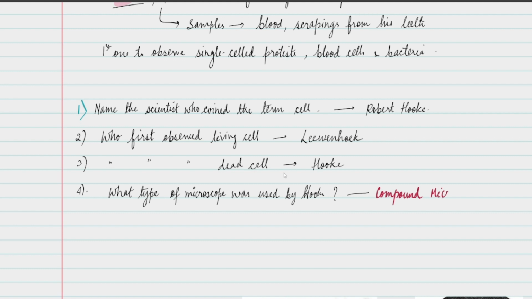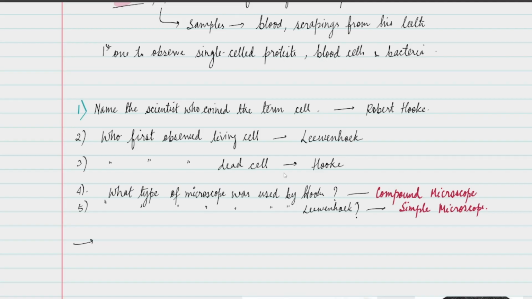Compound microscope, a microscope with two lenses. Now the last question is what type of microscope was used by Leeuwenhoek? And the answer is simple microscope. Also, students, remember for your exams the years. Robert Hooke is 1665, for Leeuwenhoek it is 1674.